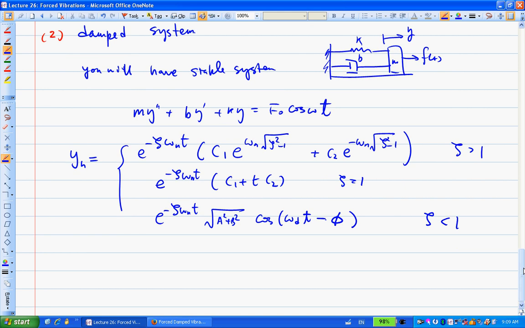And the zeta is the damping ratio. It's defined as B over 2 root Km, and omega n is the natural frequency, and this term omega d is the so-called damped natural frequency, because it's omega n square root of zeta squared minus 1.